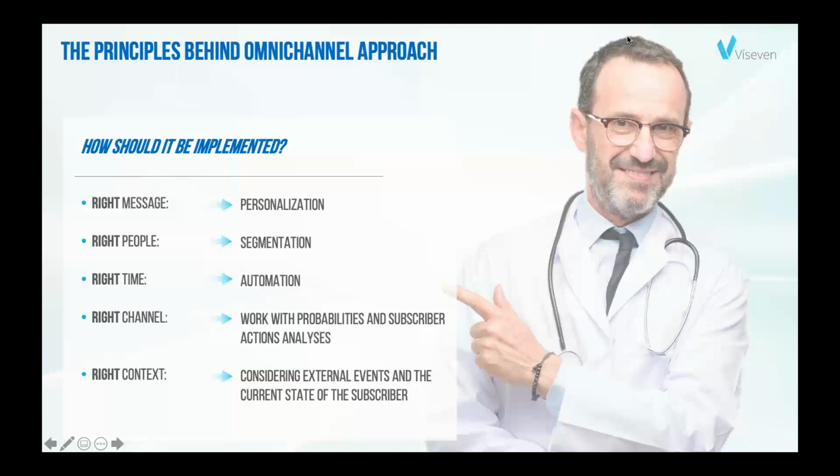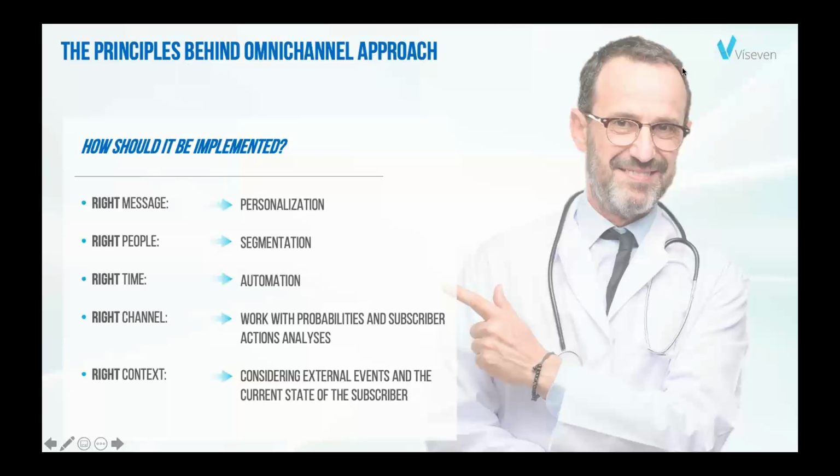Right channel, the fourth R, is where we're working with probabilities and analysis of subscriber actions. We try to analyze the previous activities and understand in what channel he converted the most. In pharma, there is a common approach to ask the HCP from the very beginning what channel they prefer.